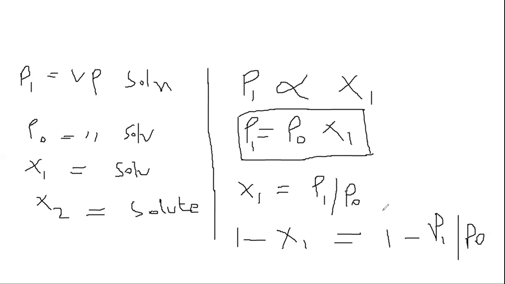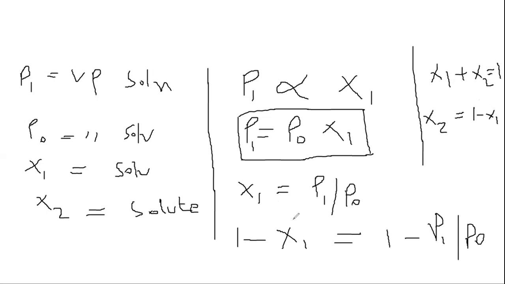As explained before, the total mole fraction is X1 plus X2, and if there are only two components, this must always be equal to 1. So if you want the mole fraction of the solute X2, it would be 1 minus X1.